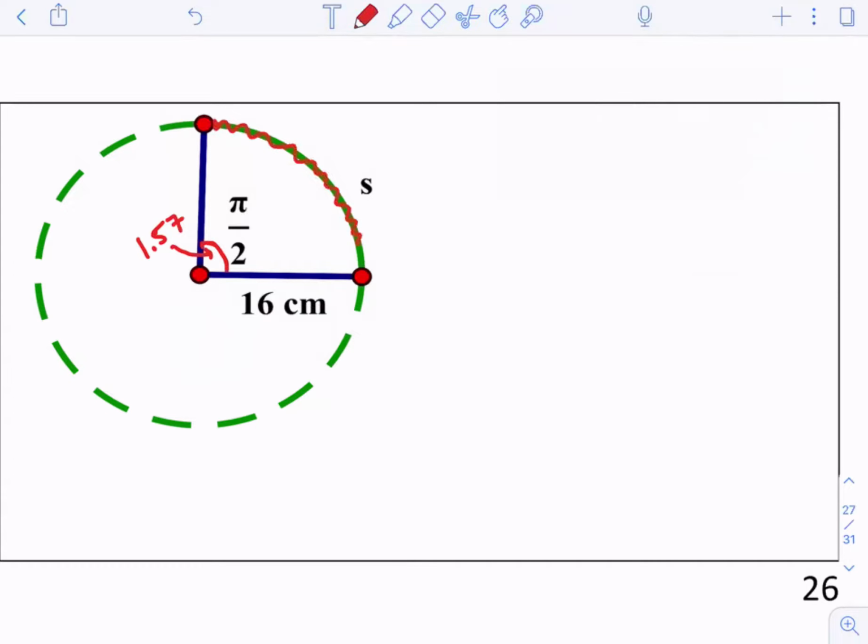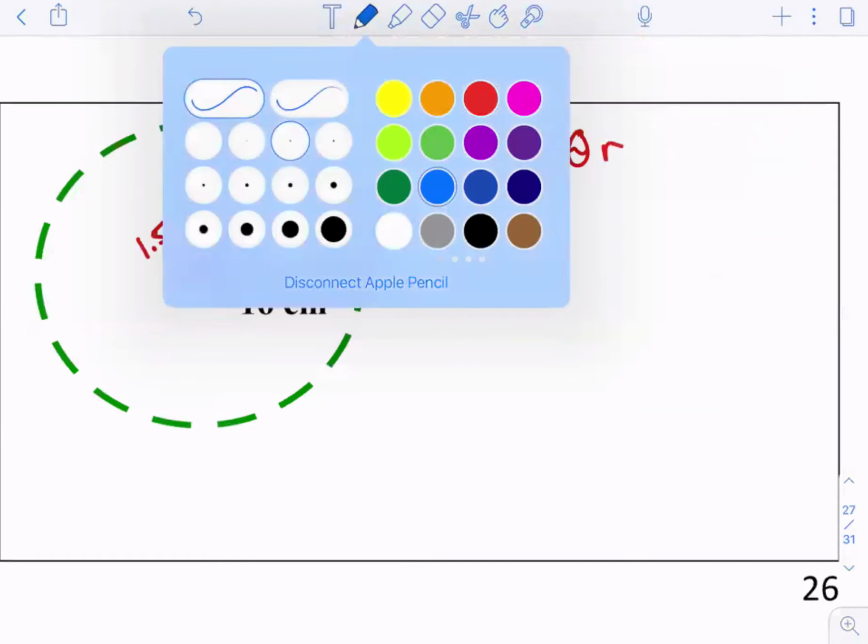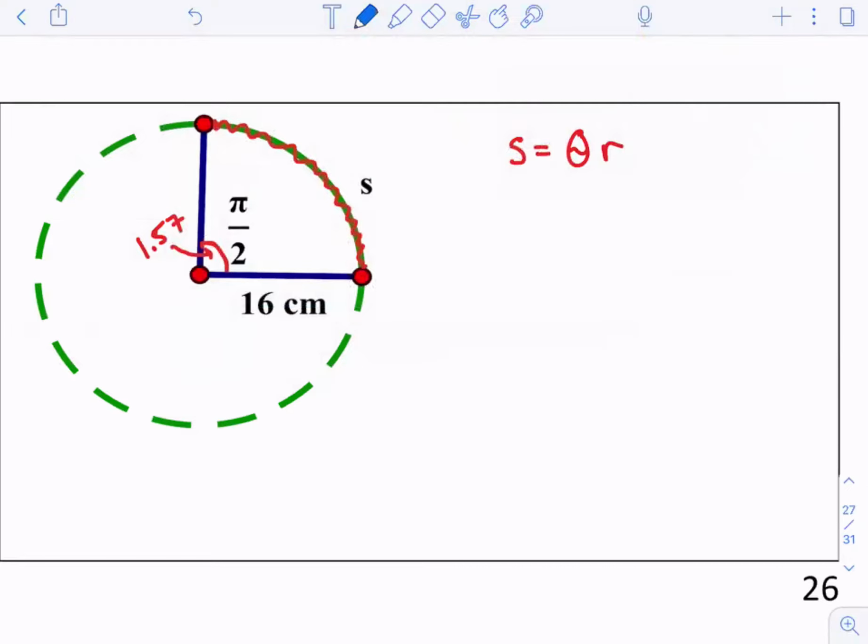So if 1 radius is 16, half of 16 is 8, and 16 plus 8 is 24. So I'm guessing that it's going to be approximately 24 centimeters, Mrs. Talhami.